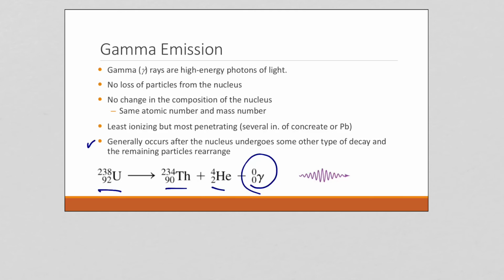Again, gamma rays don't functionally change any of this, but we can note them as an energy product. So where we tend to see gamma radiation is accompanying other types of particle decay.